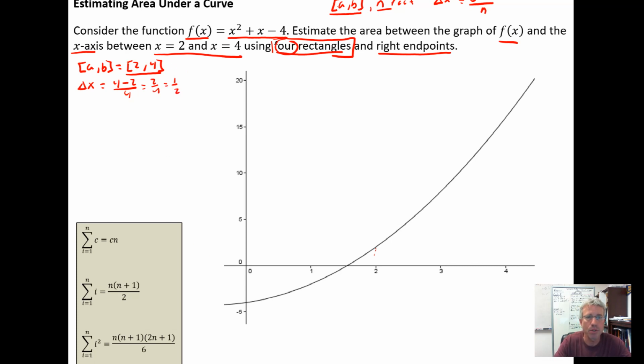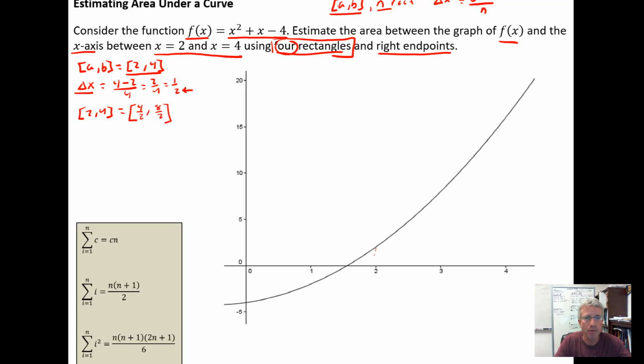Step number 2 is to look at the interval over which you're working and reconceptualize this interval in terms of the denominator that's involved in describing the width of each rectangle. So I want to recognize that the closed interval from 2 to 4 is the same as the closed interval of 4/2 to 8/2.